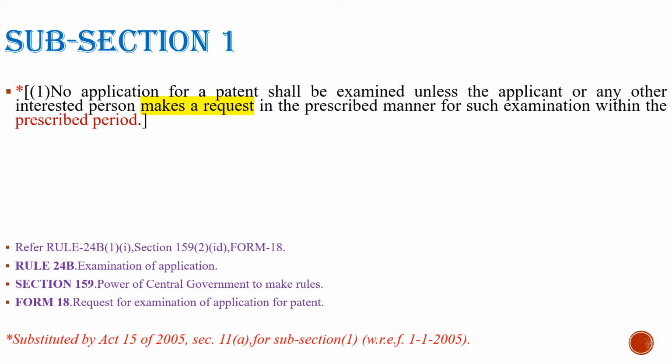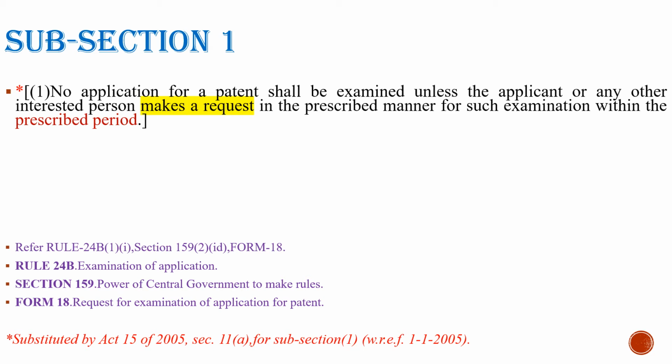And here I have written below, refer rule 24B, sub rule 1, clause 1 and section 159, subsection 2, clause (d), and form number 18. Where rule 24B is examination of application, section 159 is power of central government to make rules, and form 18 is request for examination of application for patent.